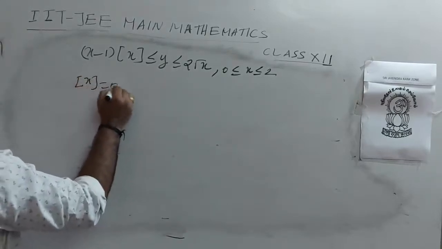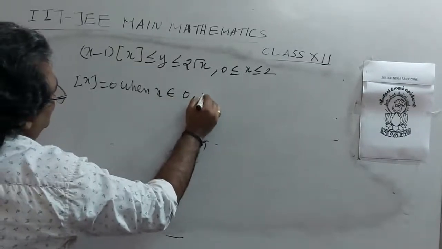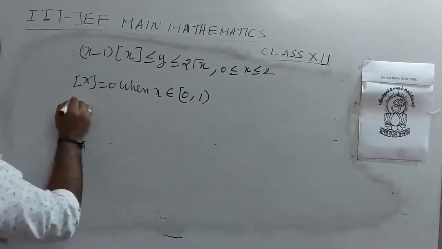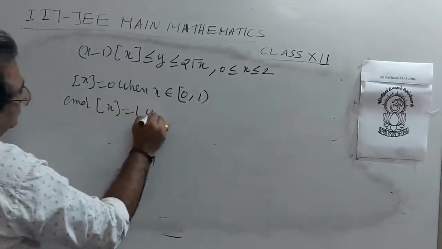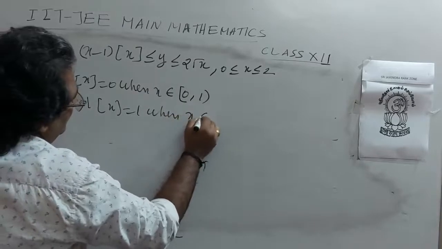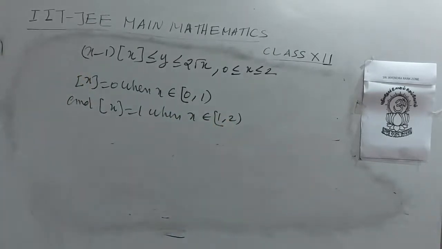This is equal to 0 when x belongs to 0 comma 1, and x minus 1 when x belongs to 1 comma 2.